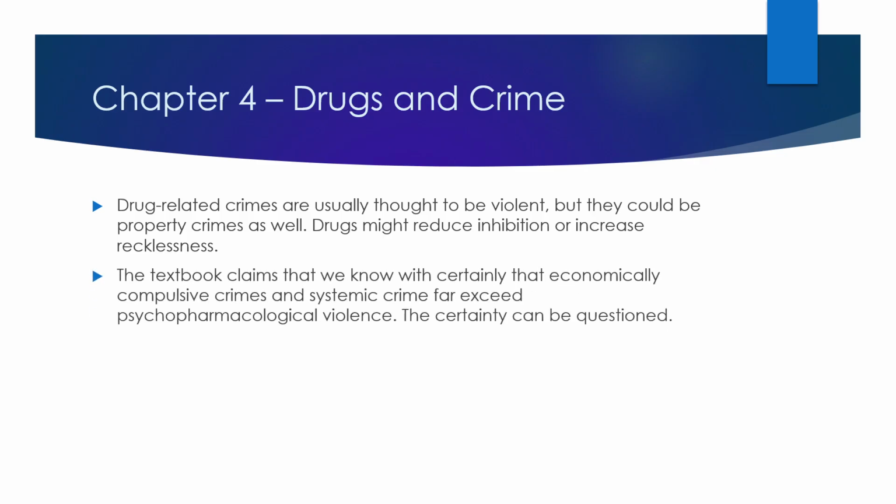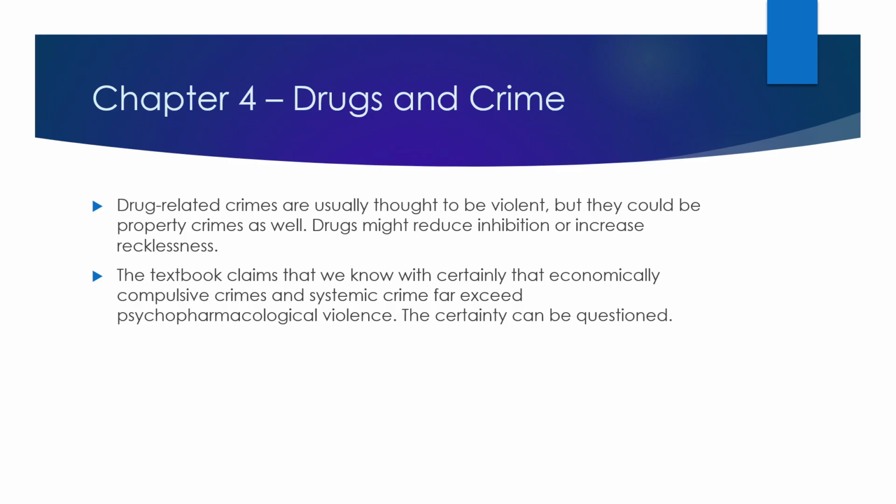The textbook claims that we know with certainty that economically compulsive crimes, those of the drug addict who steals for money to buy drugs, and systemic crime, the crime that comes from drug businesses, far exceed psychopharmacological violence.